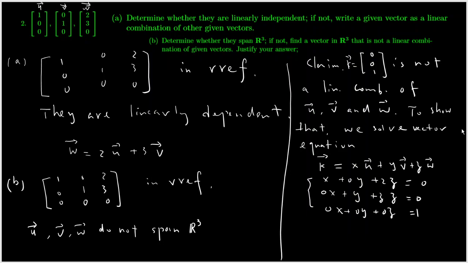To solve the system, you write the augmented matrix, right? 1, 0, 2, 0, and 0, 1, 3, 0, and then the last row is determined by equation 3, which is 0, 0, 0, 1.